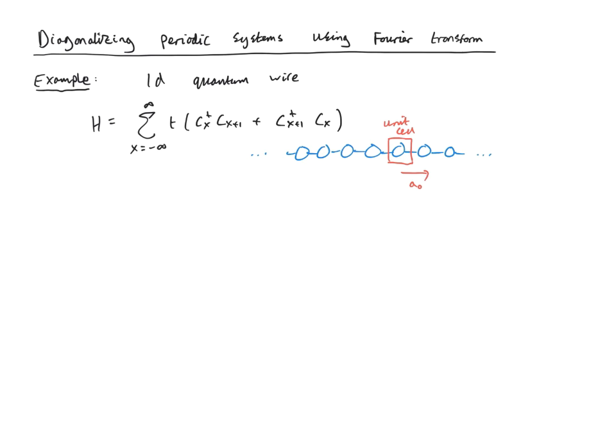That's the real space distance measured in meters, if you like, that takes one unit cell and places it on the next lattice site to generate the entire system.